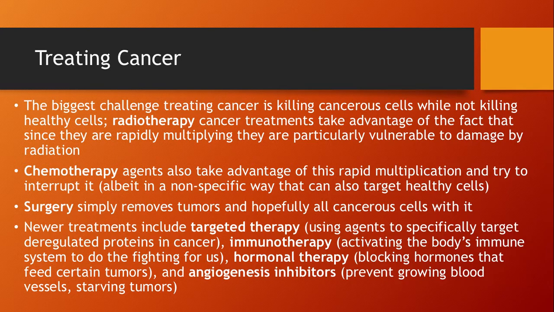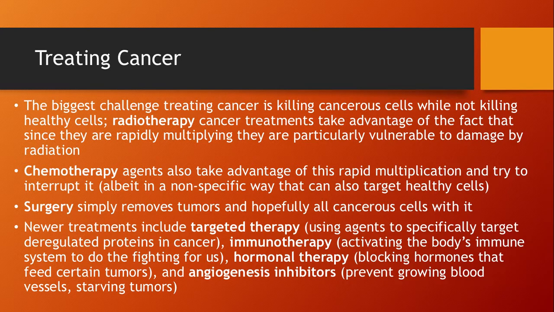Newer treatments have come along, and those include targeted therapy, using agents to specifically target deregulated proteins in cancer, immunotherapy, activating the body's immune system to do the fighting for us, hormonal therapy, blocking the hormones that feed certain tumors, and angiogenesis inhibitors, which prevent growing blood vessels, thereby starving the tumors.